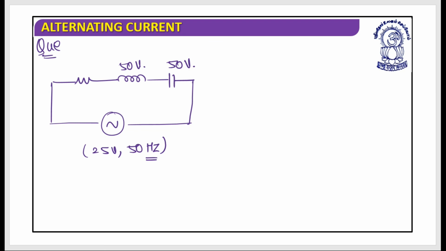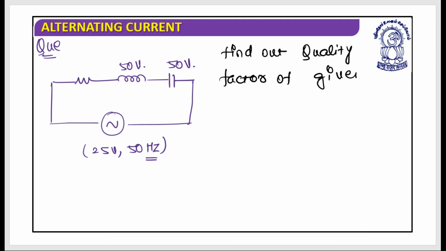They said to find out the quality factor of the given circuit. So this Q is equal to VL by VR, but at the time of resonance, as you can see, this is 50 volt and this is 50 volt, so it is the case of resonance.